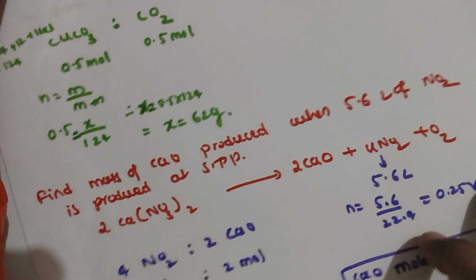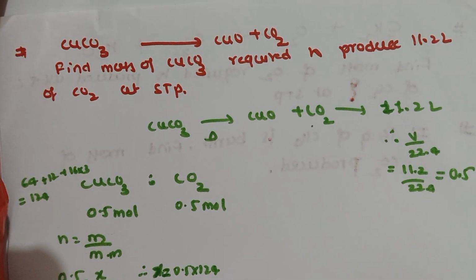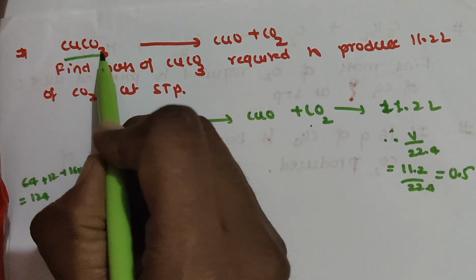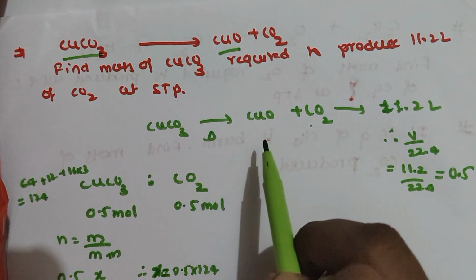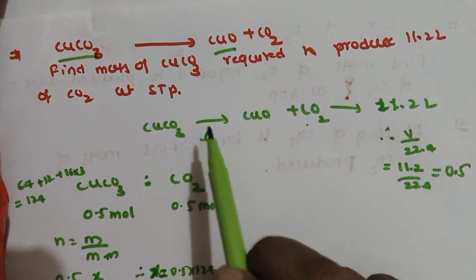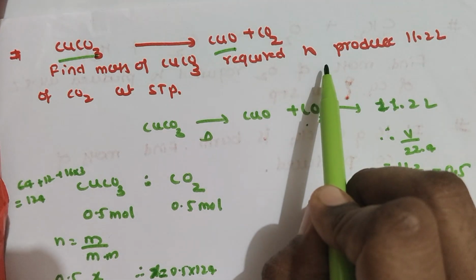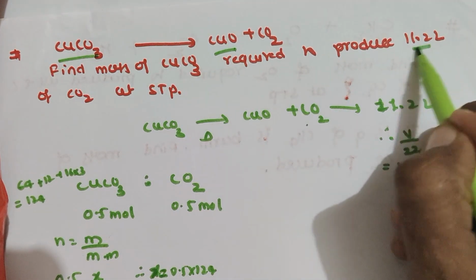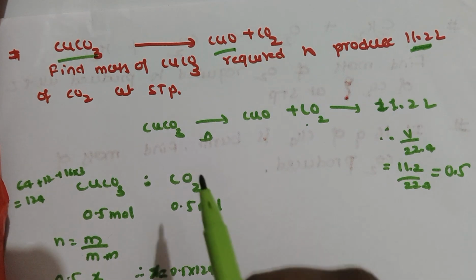Yes. Next we move towards one more numerical, a very important numerical again. This is a PYQ. Here CuCO3 gives rise to CuO plus CO2, copper oxide plus CO2.